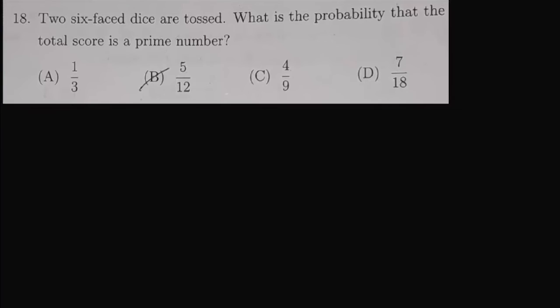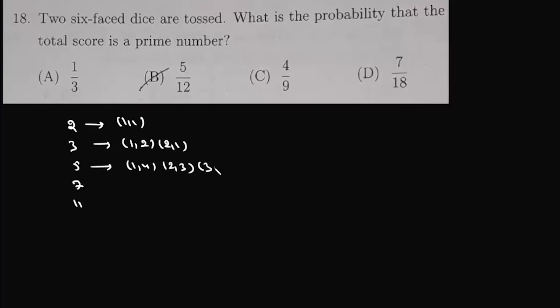Now in question number 18, we are given that 2 six-faced dice are tossed, and the probability that the total score is a prime number. Now prime numbers are 2, 3, 5, 7 and 11. Now we'll have the sum 2 when it is (1,1), 3 when it is (1,2) or (2,1), and 5 when it is (1,4), (2,3), (3,2) and (4,1).